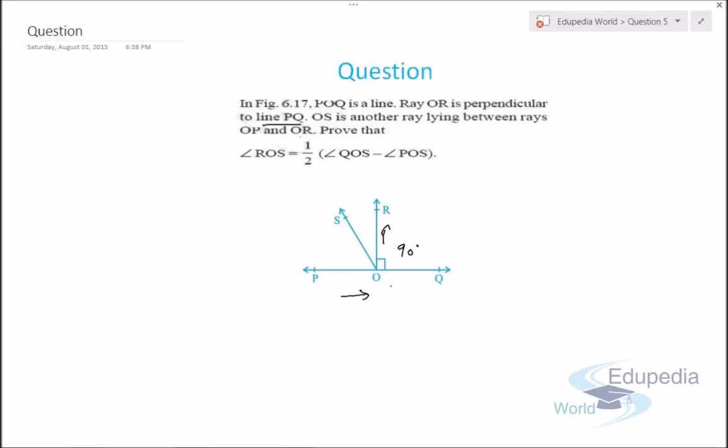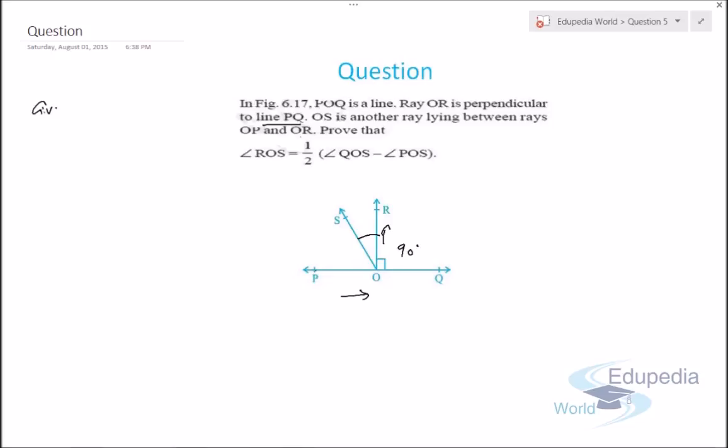OS is another ray lying between rays OP and OR. So this is another ray lying between OP and OR. We need to prove that angle ROS, this angle, equals half of angle QOS minus angle POS. So let's see how we can prove that.